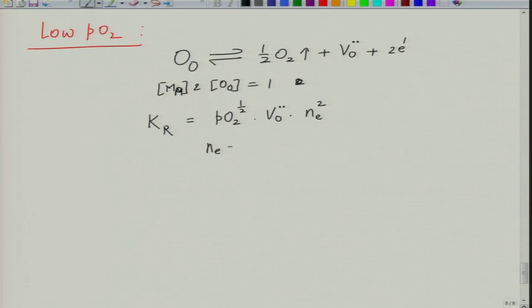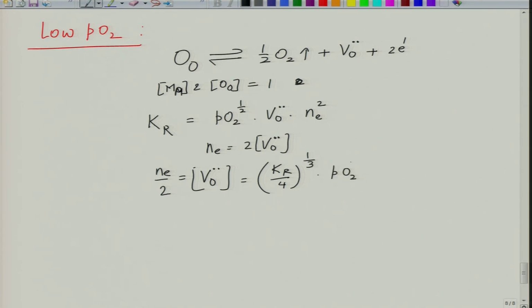And Ne being equal to twice VO, we can write VO as Ne divided by 2. This will be equal to Kr divided by 4 to the power 1 by 3 into P to the power minus 1 over 6. This will be my first expression for carrier concentration for the low PO2 condition.